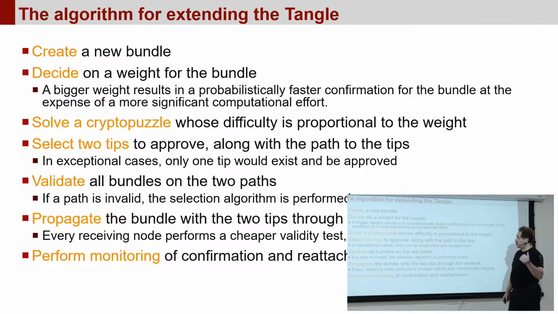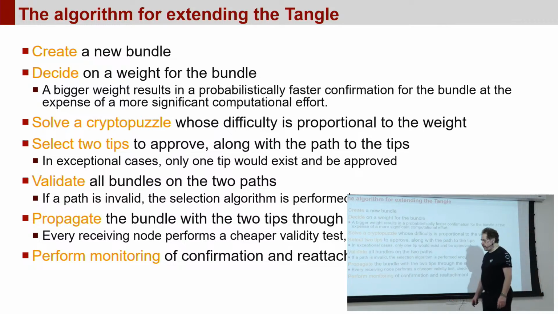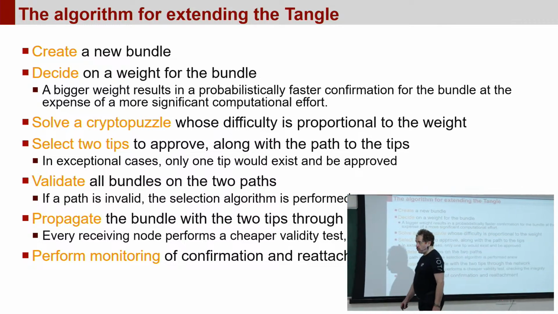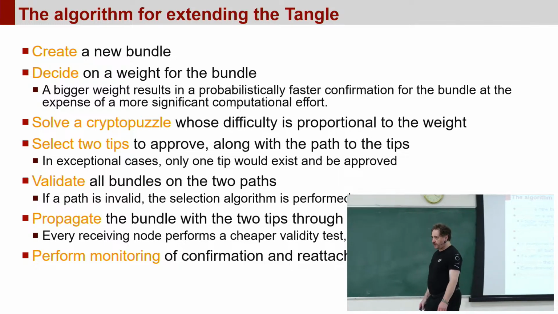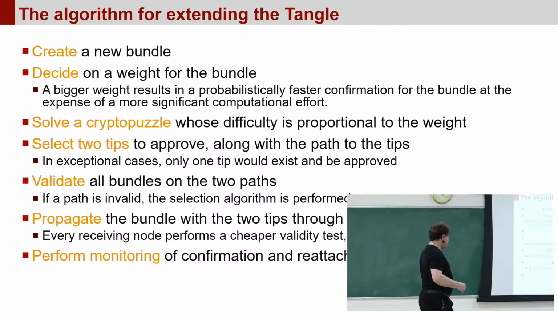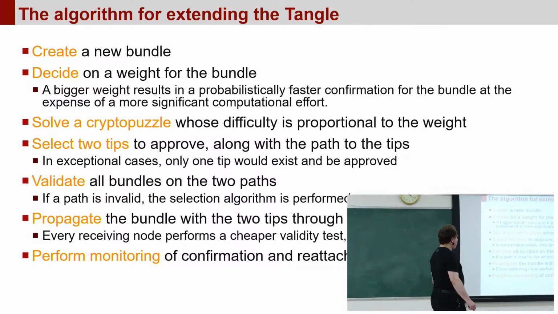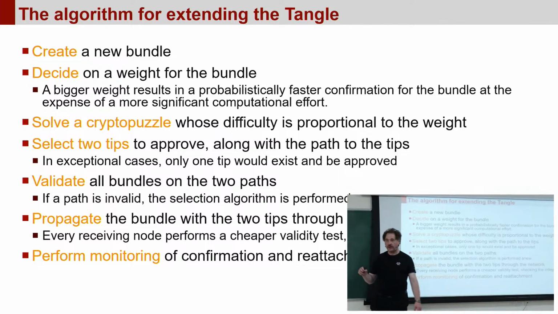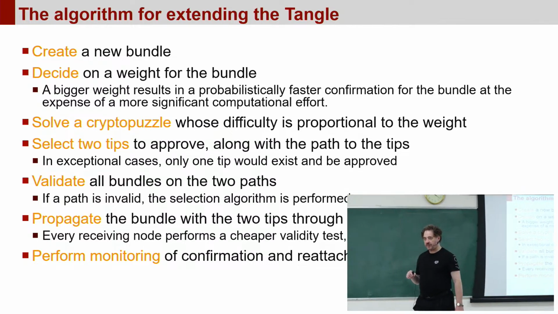So a node who wants to issue a transaction would need to create a new bundle and would need to decide on a weight for the bundle. And in the basic implementation, a node can autonomously decide on the weight of the bundle, which is just an integer. Okay, so what's the meaning of the weight? The difficulty of the crypto puzzle, we said it's a simple crypto puzzle.